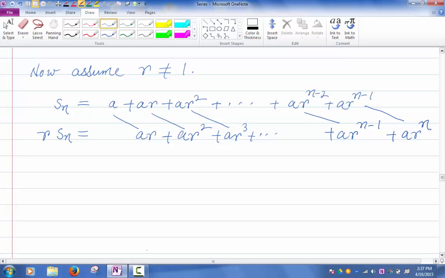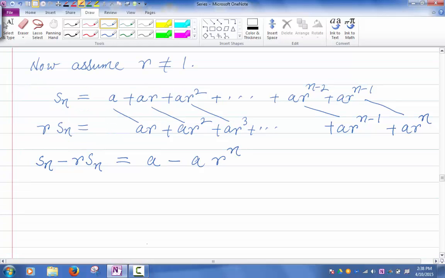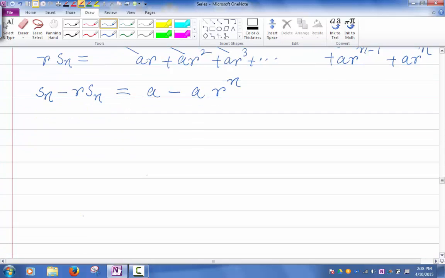If you subtract, what do you get? You get Sn minus r times Sn. What is left on the right hand side when you subtract? a minus ar to the n. Okay, so if you believe that, then I can factor out Sn here, and I get 1 minus r times Sn.